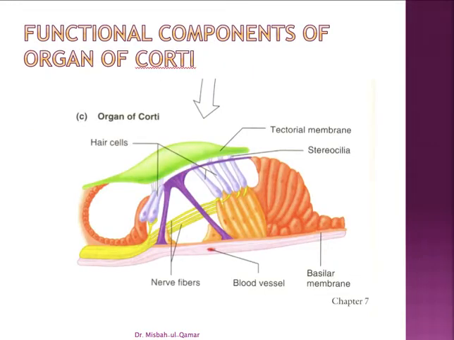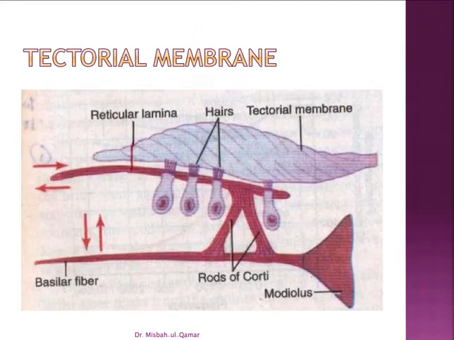The functional components of the organ of Corti are the hair cells, which are inner and outer hair cells. Then there are supporting cells also, and the basilar membrane, of course, and the tectorial membrane. That is very important. So, what is this tectorial membrane?